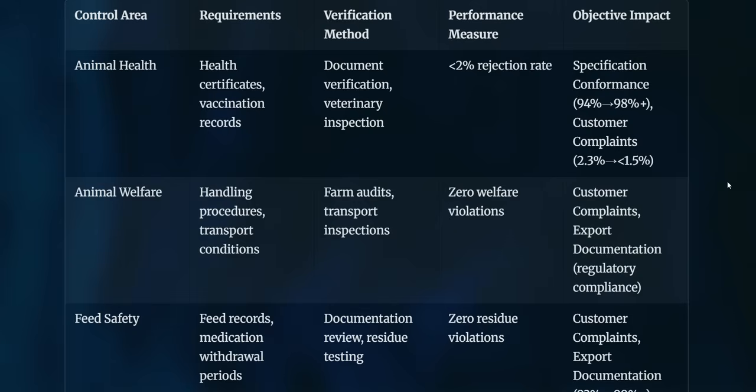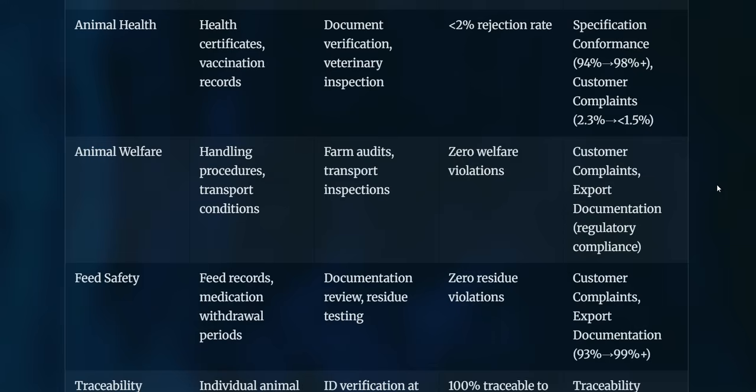The performance measure here, our KPI, is zero residue violation. What objective are we impacting with this control measure? We are impacting customer complaints reduction and export documentation error improvement, and currently we are targeting 99% accuracy.